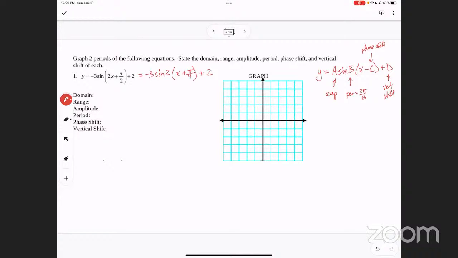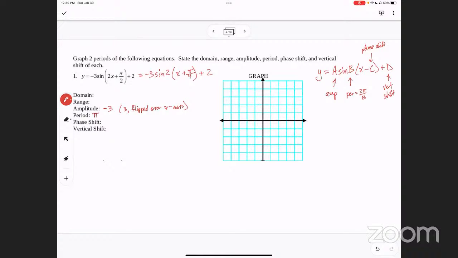I can see my amplitude is -3. I don't know if they want you to write the -3 or just 3, but it's basically 3, but it's flipped. So they might want you to say the amplitude is 3. You'll have to find out what your teacher wants, but it's also flipped over the x-axis. My period is pi.